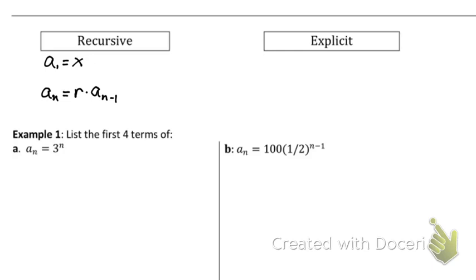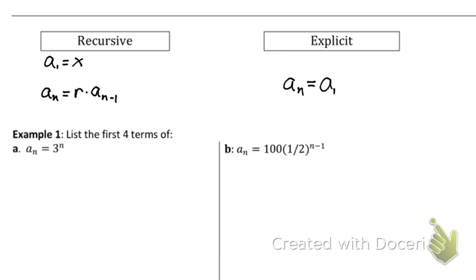The explicit isn't so bad either. Oh, I didn't miss any notes, did I? I did not. Okay, our explicit isn't so bad. It turns out it's just an exponent. It is a sub n equals. Now, just like arithmetic, you have to know what your first term is. You have to know where you're starting.